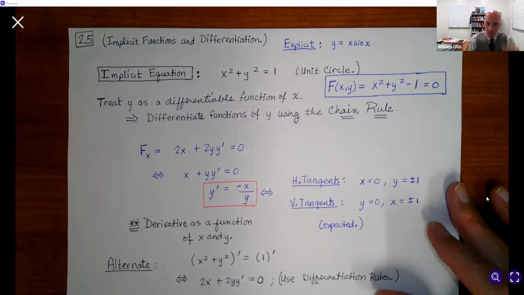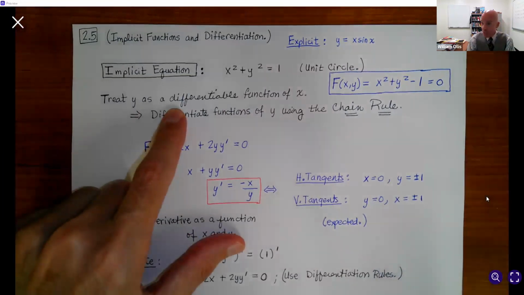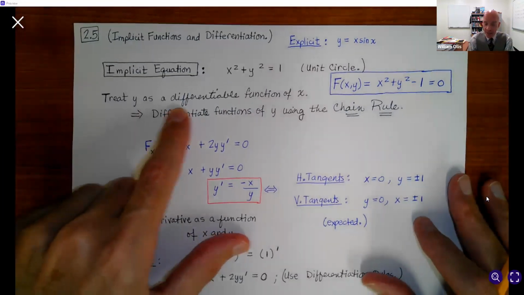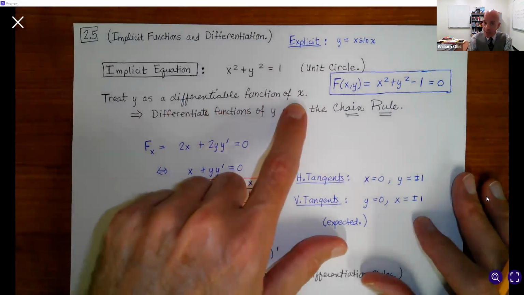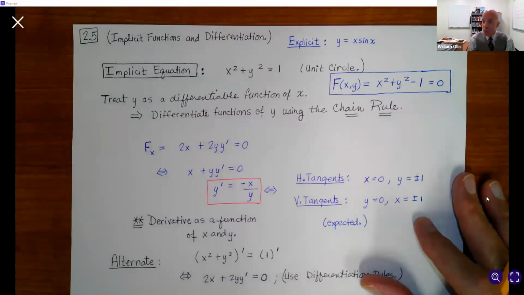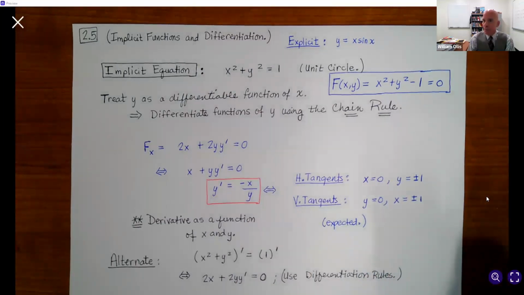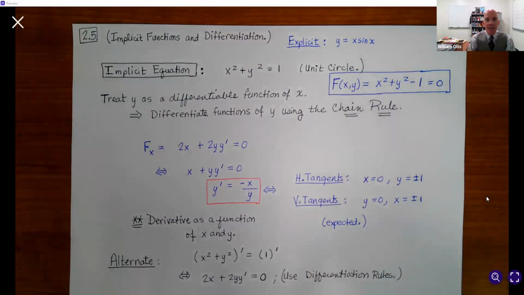But the main thing that we have here is we want to treat y, if that's our choice, as a differentiable function of x and differentiate functions of y using the chain rule when we have compositions. And why do we have compositions in this case?